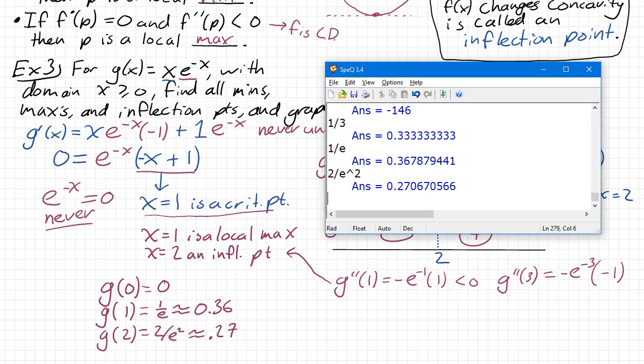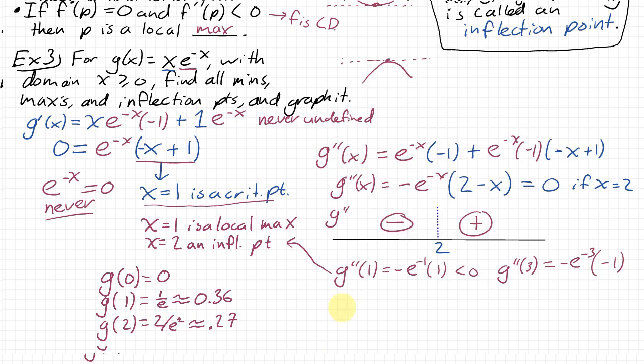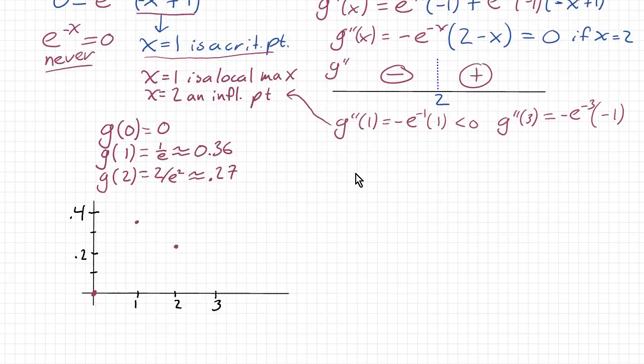So let's graph it here. I got those 3 points. And I know it's going to be increasing up to this point. And then after that point, it's going to be decreasing, and it will continue being concave down until we get to x equals 2.